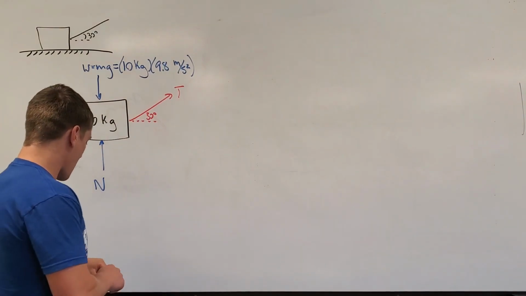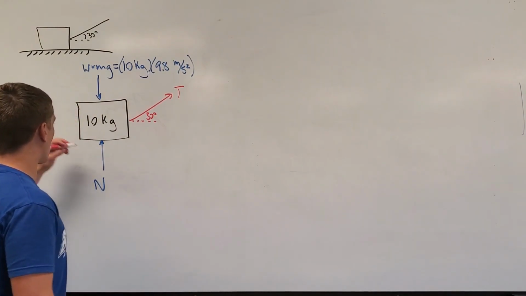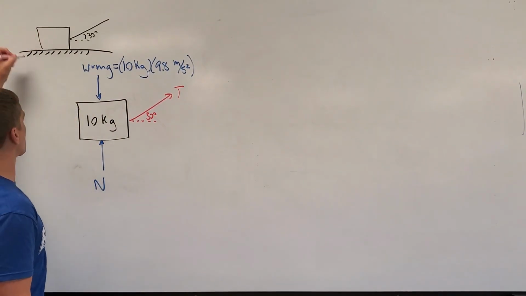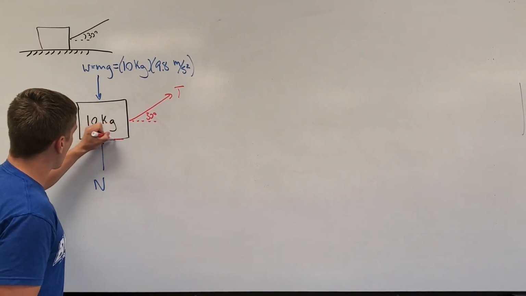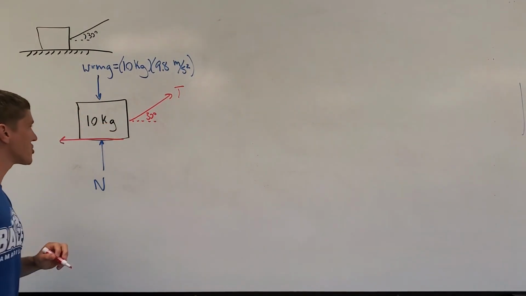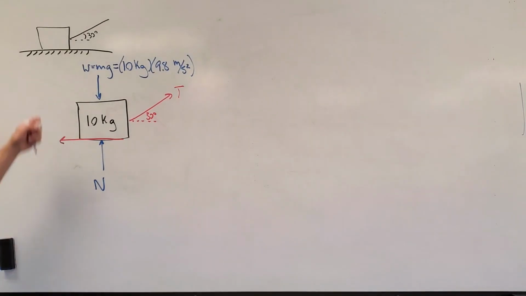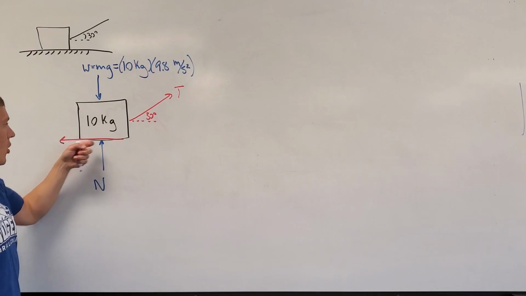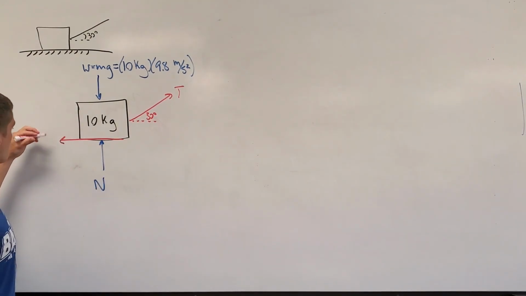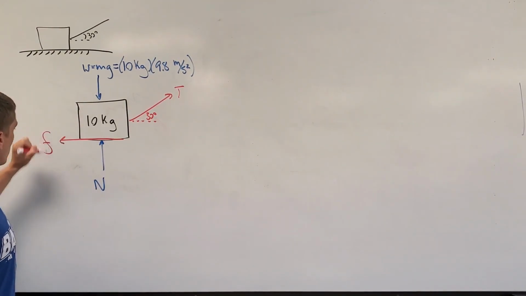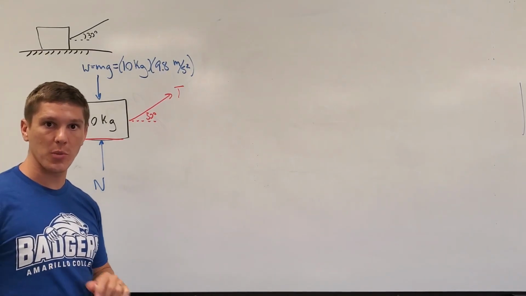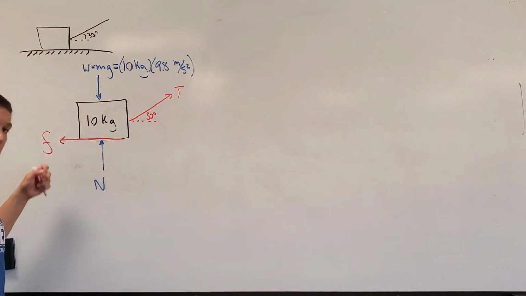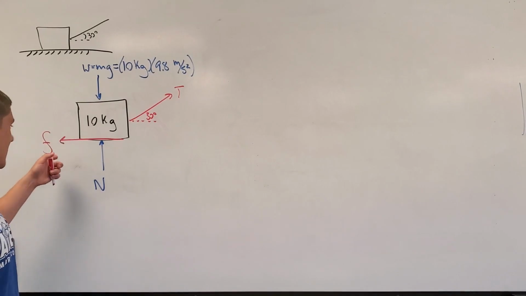Okay, and finally, the last force that we have to consider is our frictional force. So we're going to have a frictional force that opposes the motion between the block and the ground. So if I'm pulling on it with a rope to the right, that friction is going to oppose that motion, and our frictional force is going to be to the left. But we know more about this frictional force than just that it exists, right?